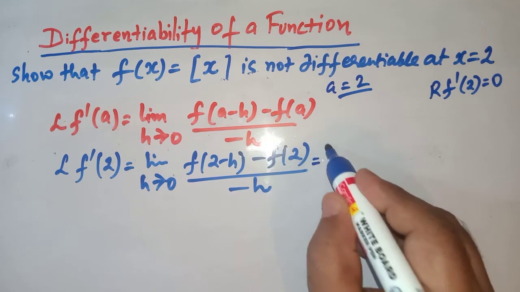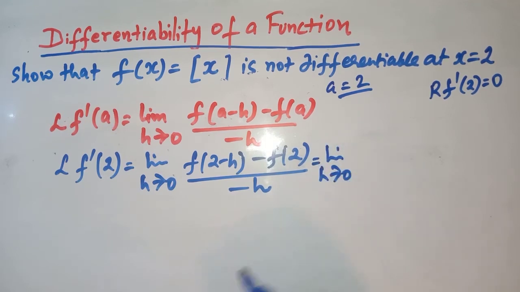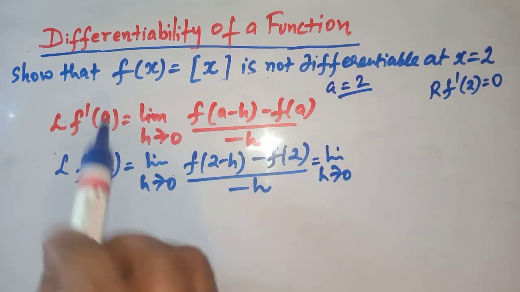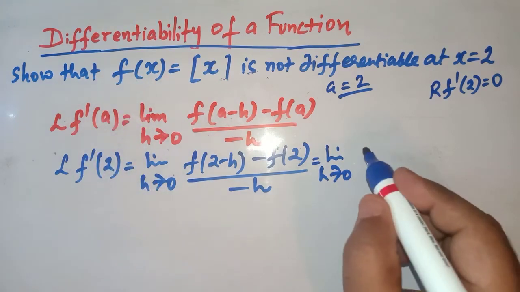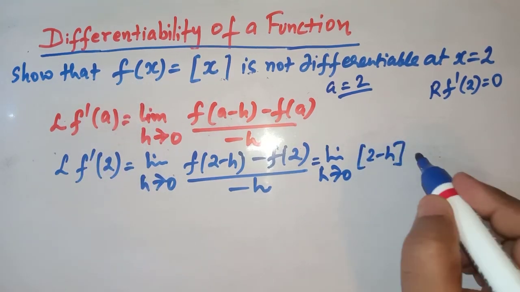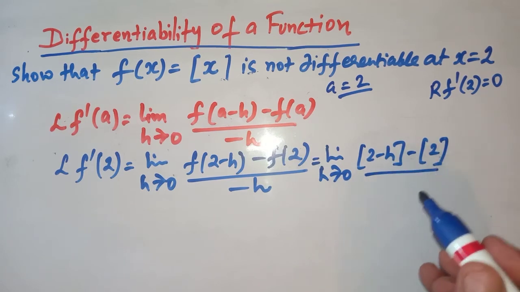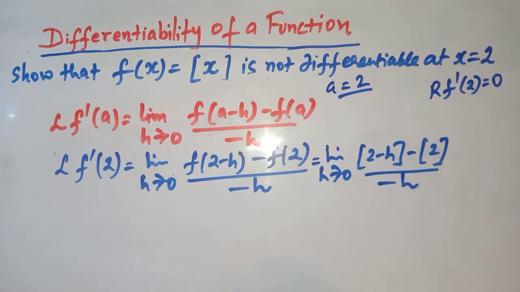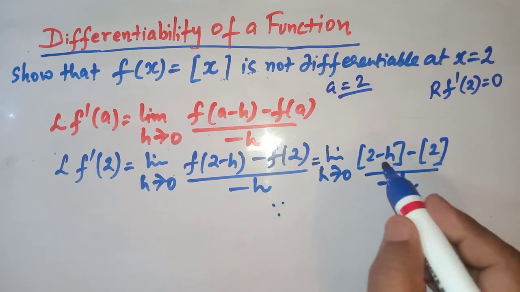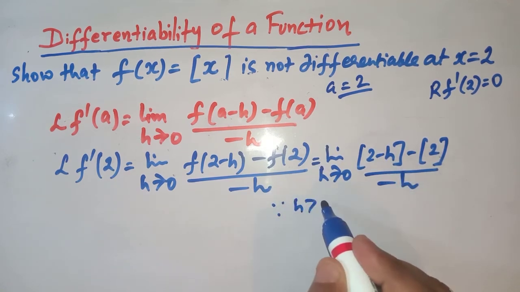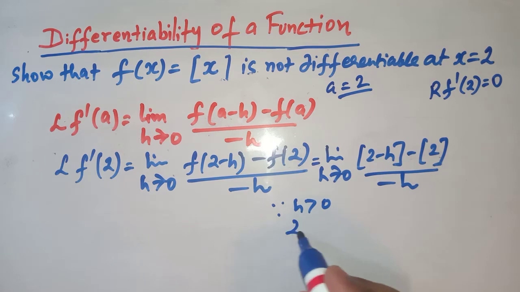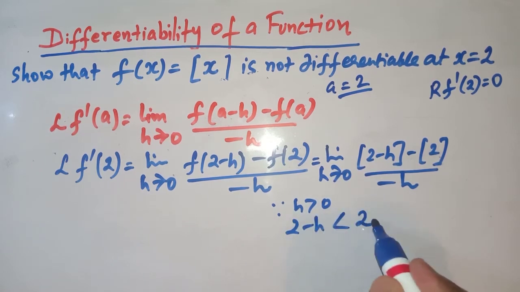So viewers, here we have limit h tends to 0, and f(2 minus h) is obtained from here. So we have greatest integer of 2 minus h minus f(2) over minus h. Now since h is greater than 0, 2 minus h is less than 2.